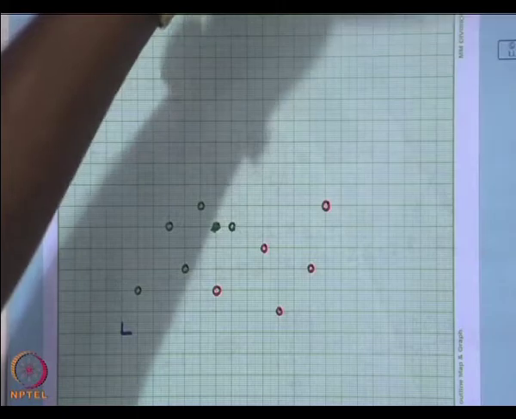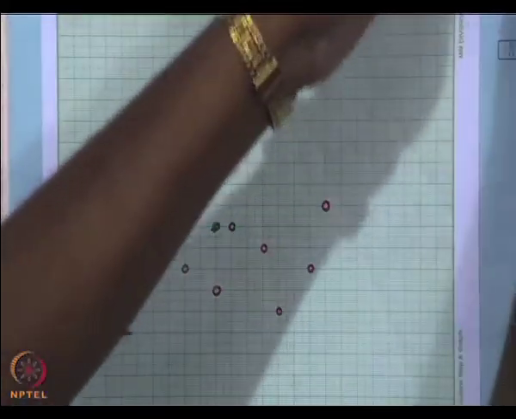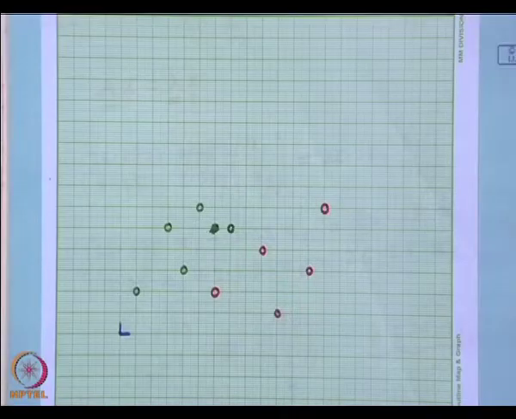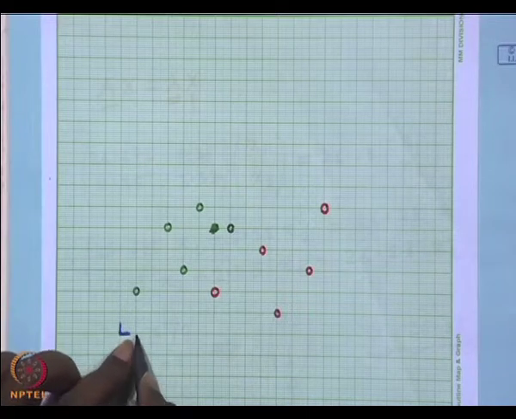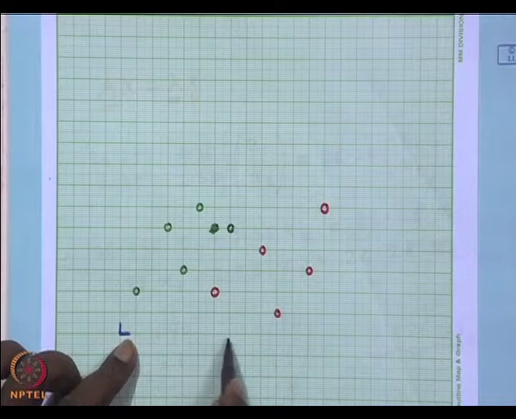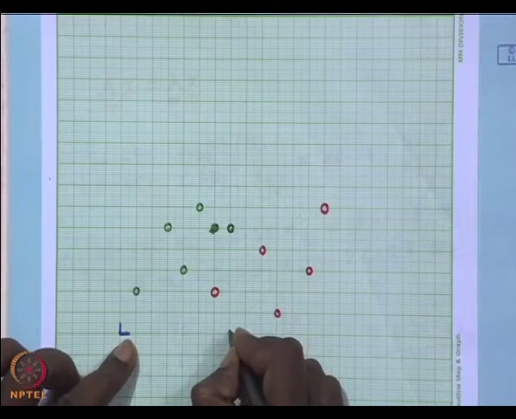71. Okay. Anyway, so the eigenvector was 71. So, I want to plot that eigenvector which is 71. So, 1 2 3 4 5 6 7, 71.